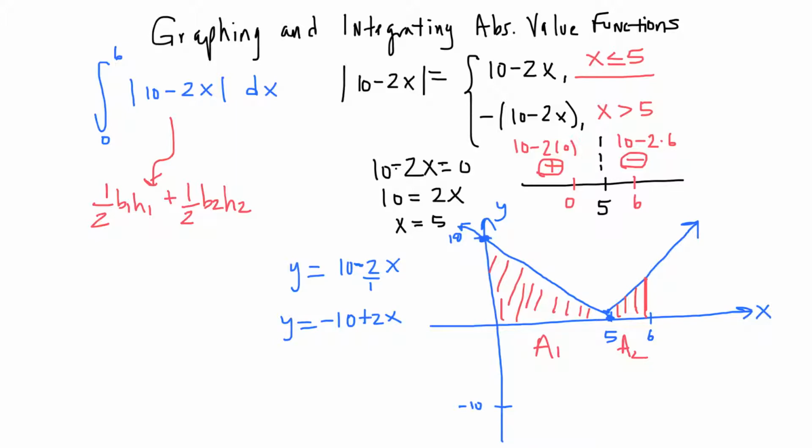And let's see, looking at the first triangle, we'll have 1/2. The base of the first triangle is 5. And what's the height of it? You have to go to the y-intercept to figure out that the height of the first triangle is 10. So 10 plus 1/2. The base of the second triangle, well, it goes from 5 to 6, so the base is 1.